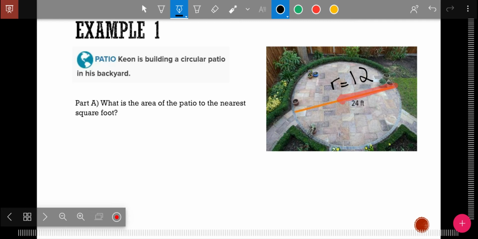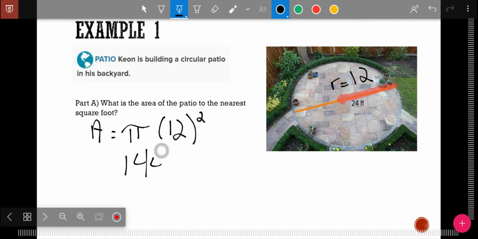And so for our area, part A, just find the area, pi r squared. 12 squared is 144. And they say to round to the nearest square foot. So I typed into a calculator. I got 452 point and some change. So I'm going to say that it's approximately 452 square feet.